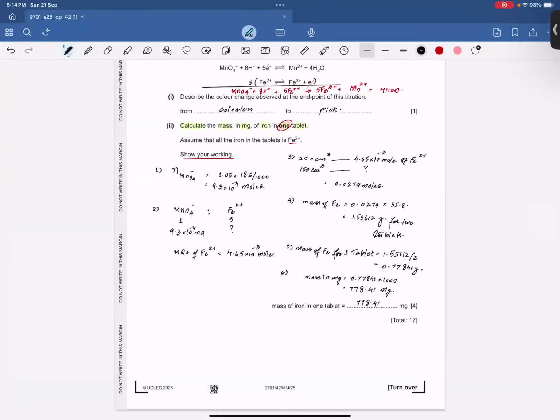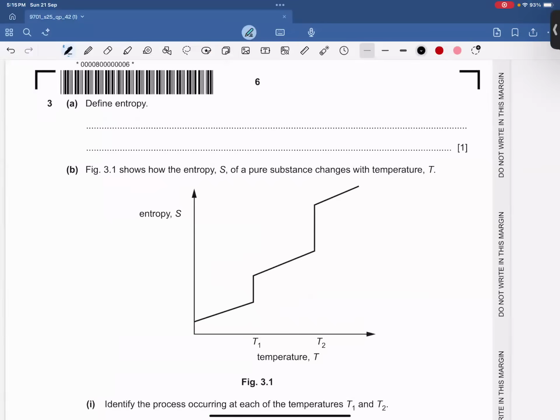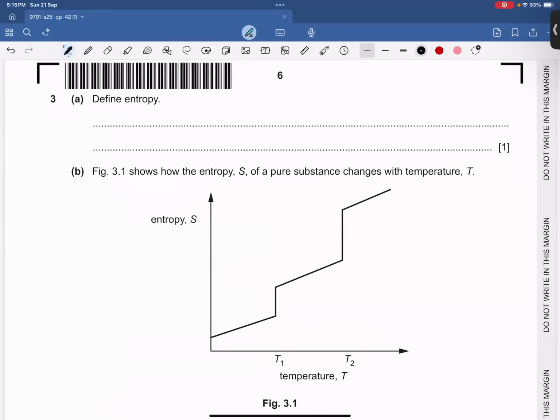Let's start with question number 3. Define entropy. In entropy, there is a dispersal of energy from system to surrounding, and surrounding to system takes place, which is why we need to add this statement along with the usual definition, all right?